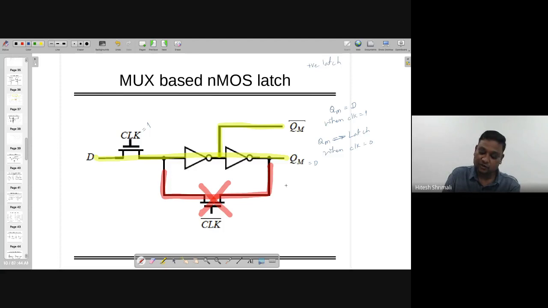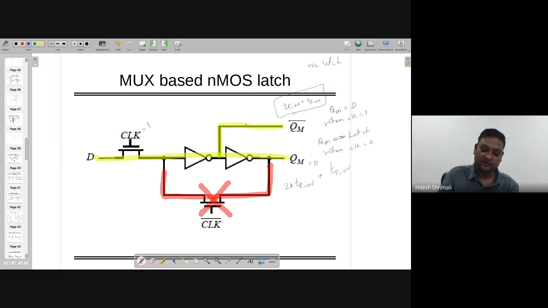But this happens after two propagation delays from the inverters plus the switch delay, which is the pass transistor. In the case of QM bar, it's going to be equal to tp of the inverter plus the switch propagation delay. Look at this, it has one inverter propagation delay less.